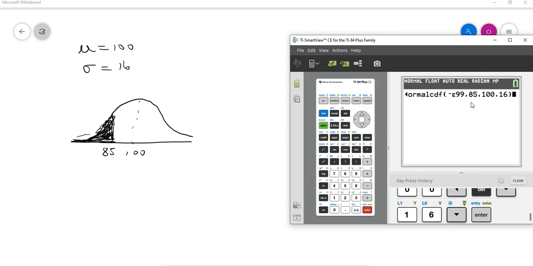All right, if you have the older calculators, doesn't have to really be that old, just ones that don't have the updates on it. But again, you put in first negative E99, 85, which is the upper bound, mean and standard deviation, right? And we hit enter, and we got 0.174.